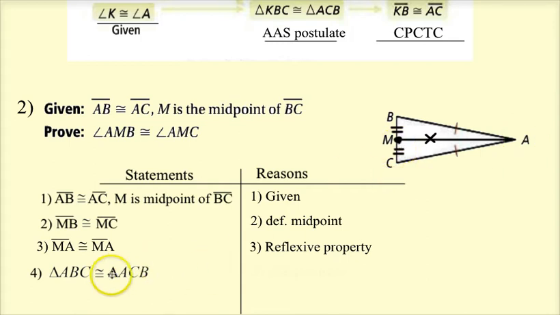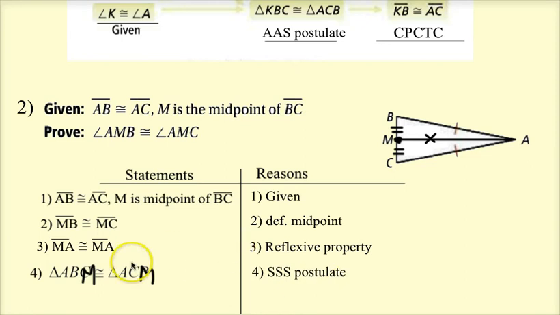Okay, so let's change that. Triangle ABM, I'm going to change that right here to an M. Triangle ABM is congruent to triangle ACM. And my reason is side, side, side postulate.